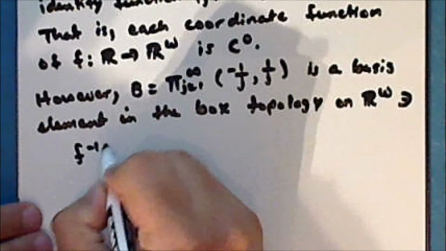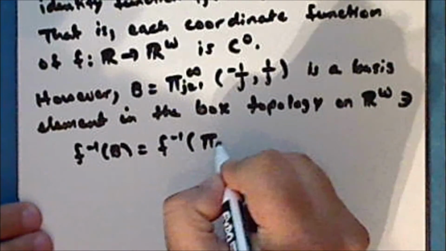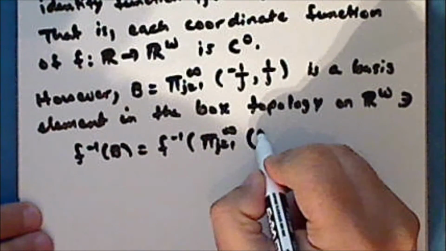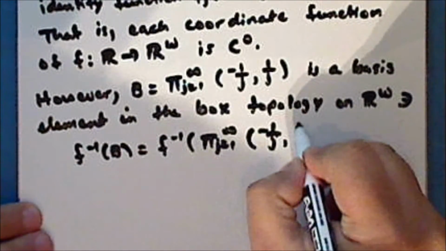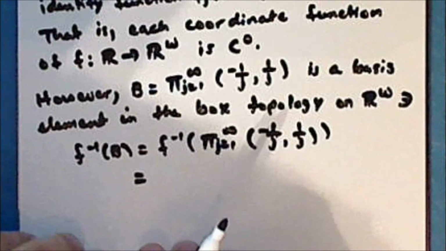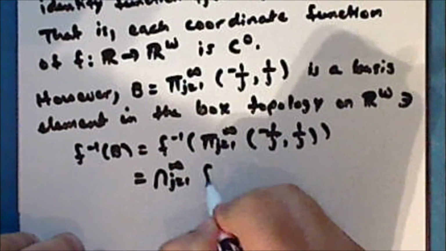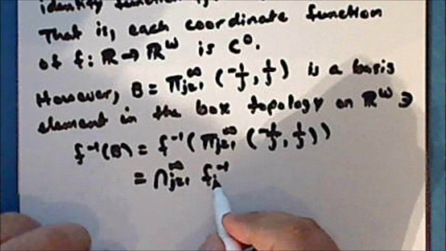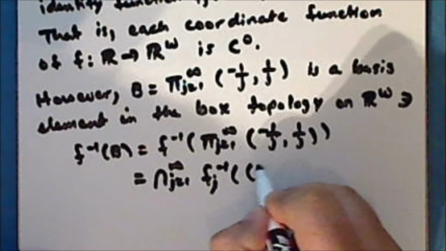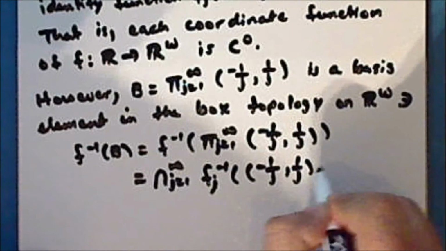the inverse image of the set B is the inverse image of the countably infinite product of intervals of the form -1/j to 1/j, which in turn is the countably infinite intersection of inverse images under the jth coordinate function of the intervals of the form -1/j to 1/j.